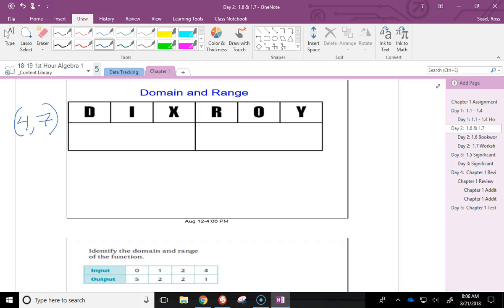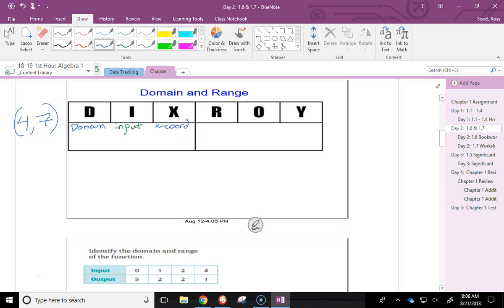So when we look at this, right here, the D is going to stand for domain. Your domain is going to be the first number of your coordinates, the X. The I is your input number, and then the X is simply the X coordinate.